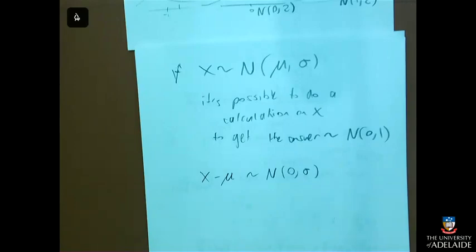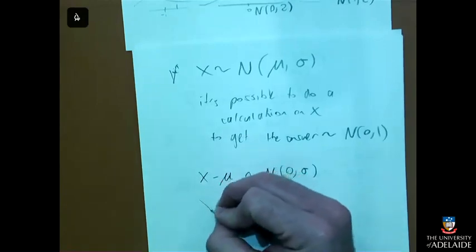And then if I divide it by sigma, when you divide by a number, it divides the mean and the standard deviation by that number. So if I divided by 2, the mean would still be 0, because 0 divided by 2 is 0, and the standard deviation would be sigma on 2. And if I divided by half, the mean would still be 0, because 0 divided by half is 0, and the standard deviation would be 2 sigma.